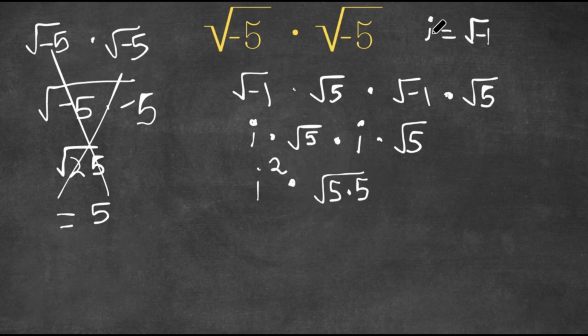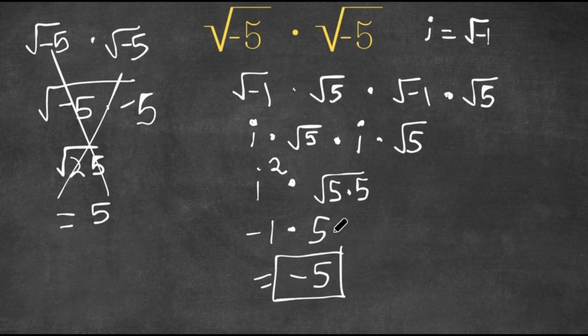Now i is equal to the square root of -1, so i squared would equal -1. And I'm multiplying this with the square root of 5 times 5, which is simply 5. So now I have -1 times 5, which is equal to -5. So -5 is our answer.